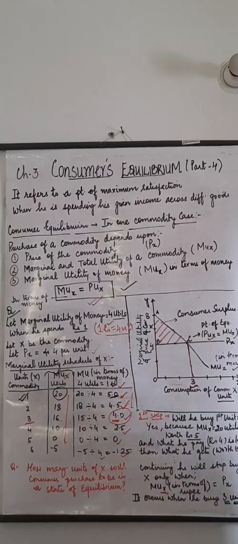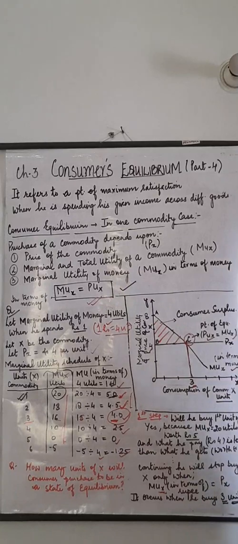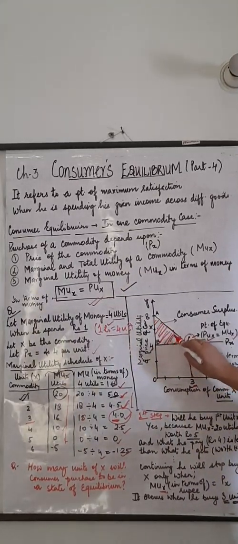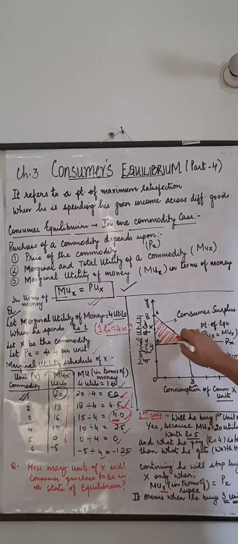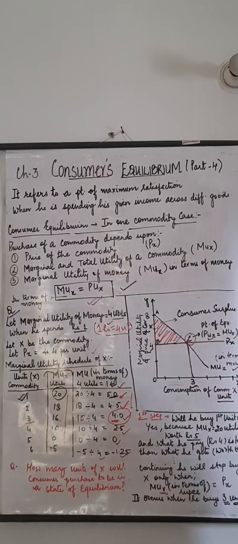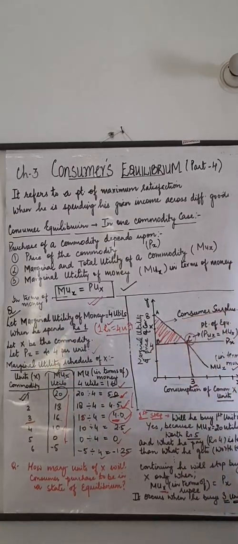This is the point of equilibrium C. And above it, whatever we are consuming and getting at that minimum amount, that is 4 rupees, worth rupees 4, and the satisfaction is much more, then that is known as consumer surplus.